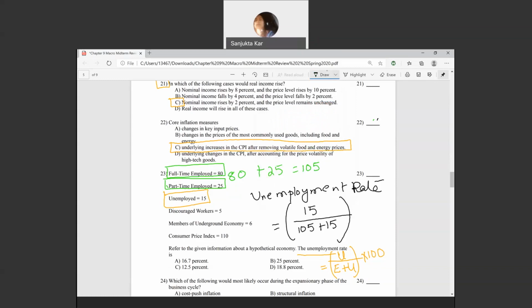This whole ratio is going to be multiplied times 100. So what I have here is 15 over 120, multiplied by 100, and what I'm getting in my result with this calculation is 12.5%. So this is the answer to my question, 12.5%.